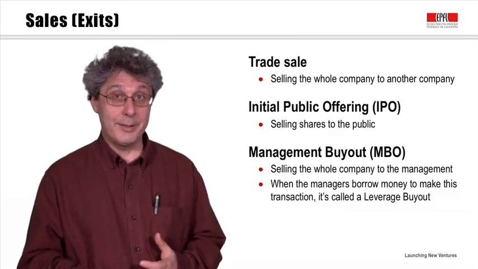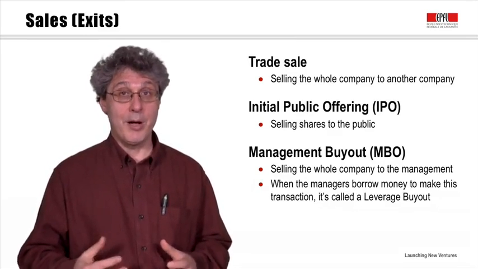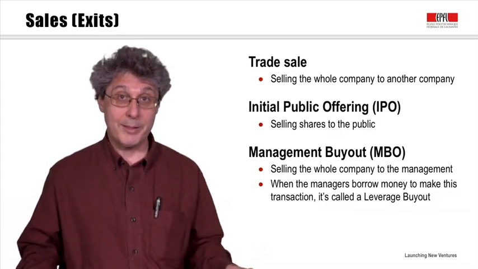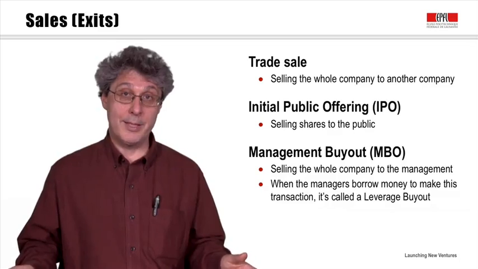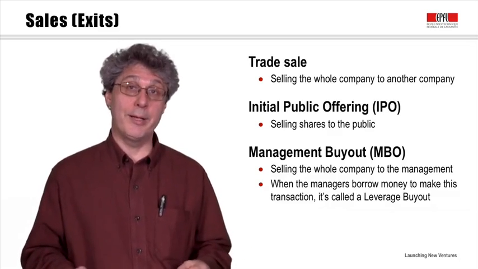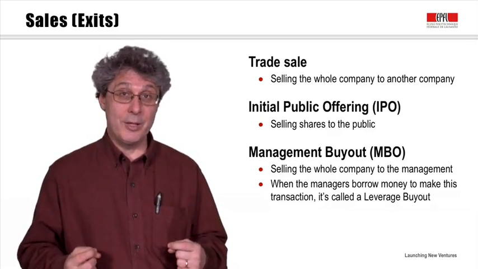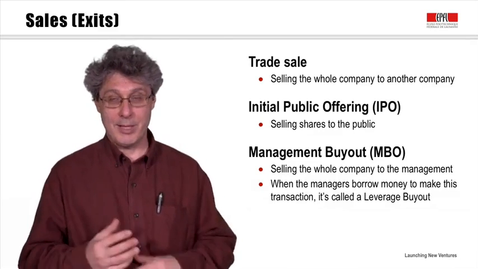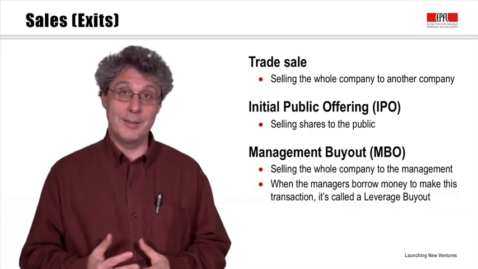Another option is the company can offer some percentage of their shares to the public. And this is the IPO, or initial public offering. Now, this is done to raise large amounts of money in the public capital market. There are a lot of legal implications.